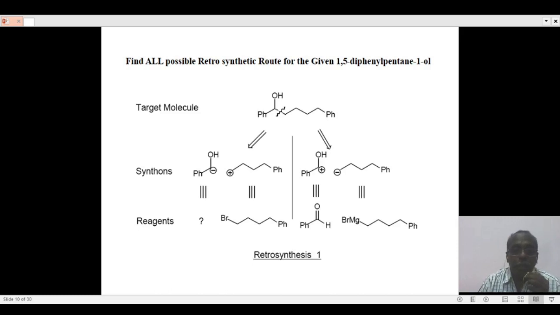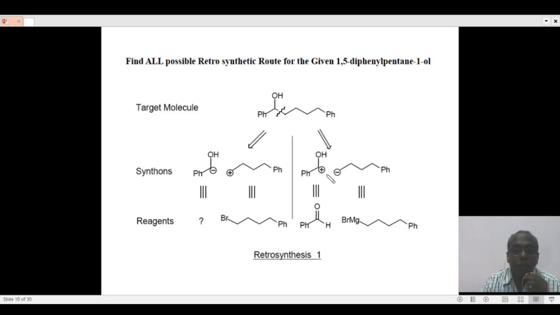Here in the first route, we are going to break the carbon having the functional group. We are going to disconnect the carbon having the OH group. When it is broken, two different types of synthons are formed. This type of synthon formation is difficult.